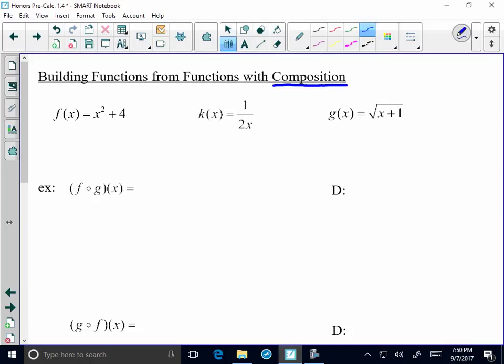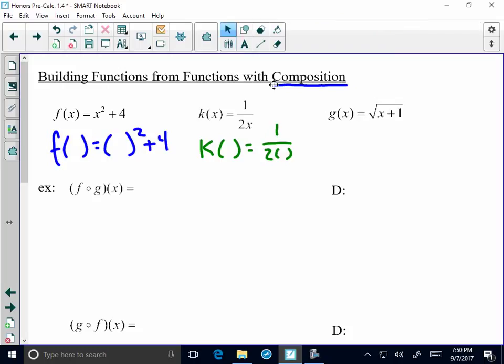So right here, if we're looking at f of x, we've got x squared plus 4, but just f is the operation that we're doing to x. So that means f is going to be squaring the input and then adding 4 to it. If we're looking at k of x, that's 1 over 2x, but just k, the operation, is taking an input, multiplying it by 2, and then dividing 1 by that number.